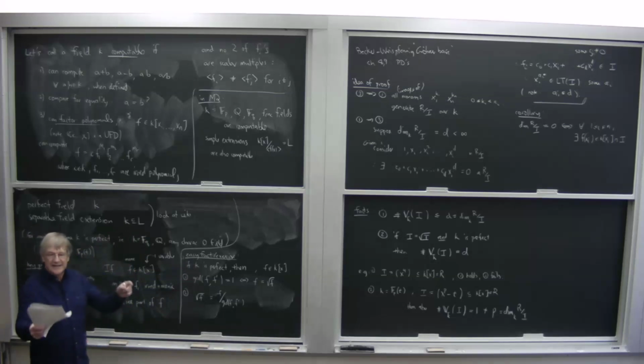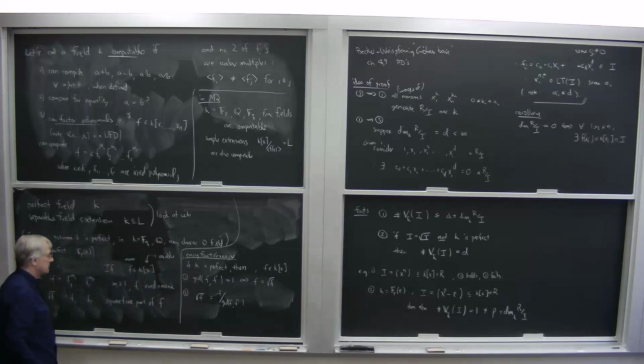If k is perfect, then an irreducible polynomial over k stays irreducible even if you extend the field. That's right, exactly.